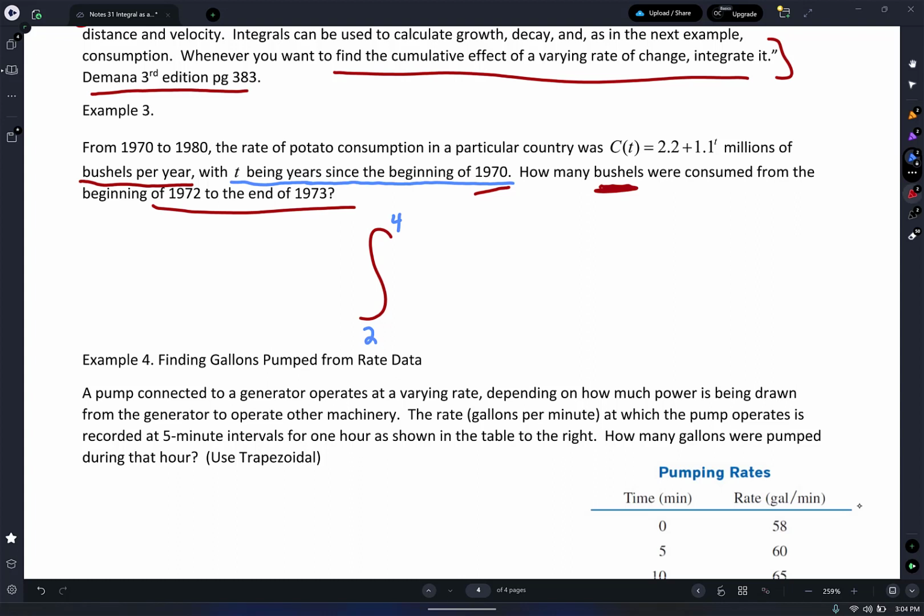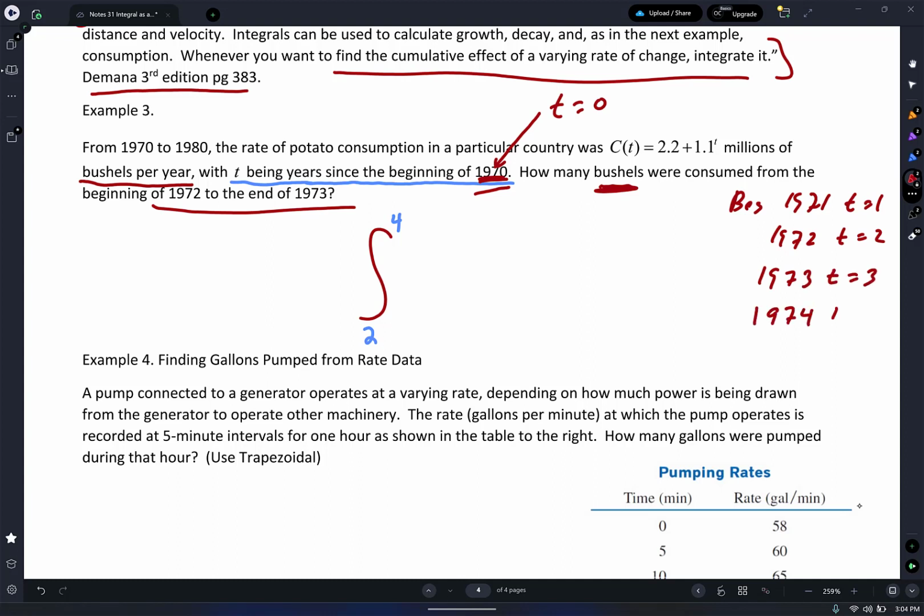Okay, I'll say it again. Look. Years since the beginning of 1970. So the beginning of 1970 is T equals 0. Yes or no? So the beginning of 1971 is T equals 1. Beginning of 1972 is T equals 2. Beginning of 1973 is T equals 3. Notice that I'm saying beginning.